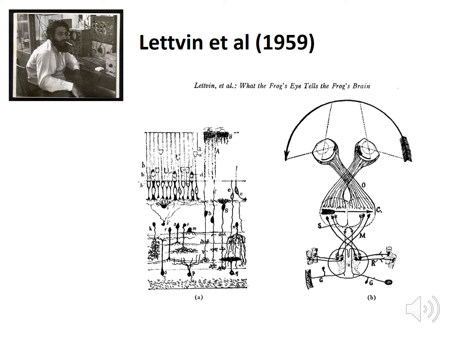We saw that at V1 level there are receptive fields for bars, edges, corners, in specific orientations, and also in direction of movements. The assumption is therefore that at some higher level of visual processing, there might be cells that respond selectively for particular objects which we perceive.